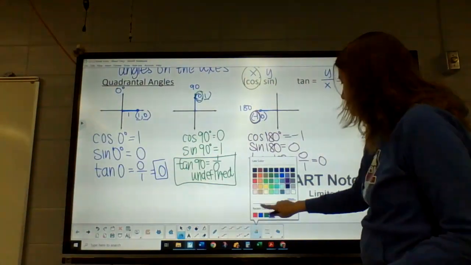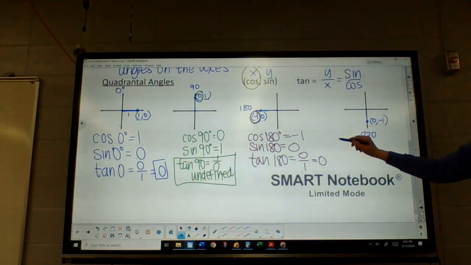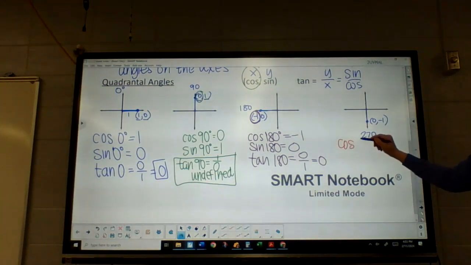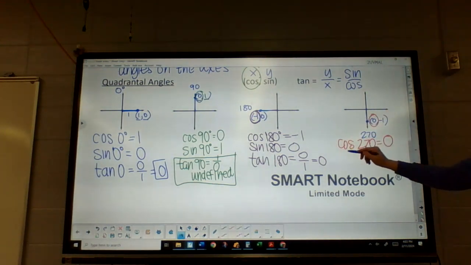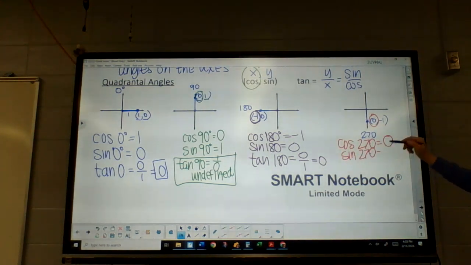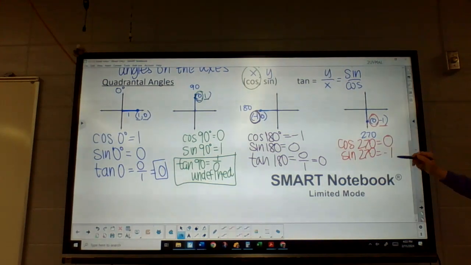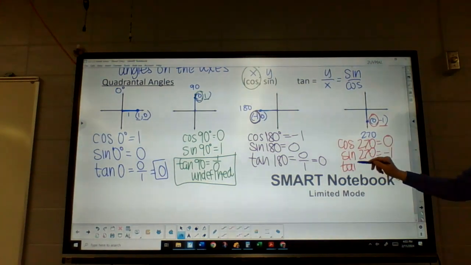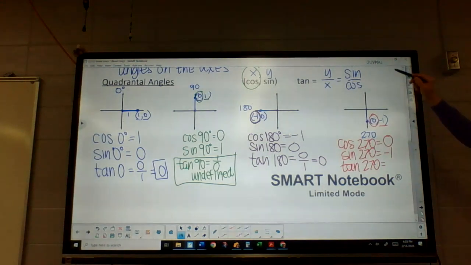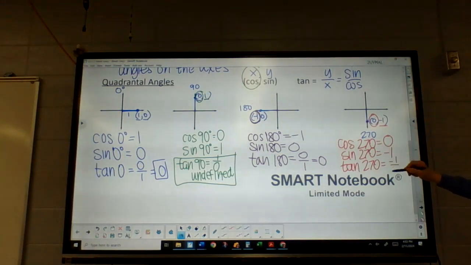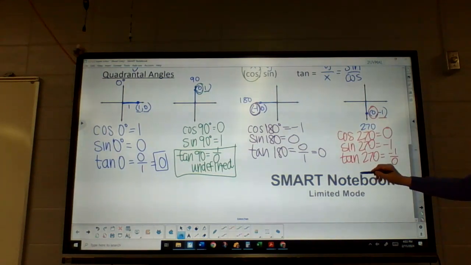And then finally, cosine of 270 is the first one, so that's going to be 0. Sine of 270 is going to be this one, which is -1. And then tangent of 270 is going to be sine over cosine, so -1 over 0, which again is going to be undefined.